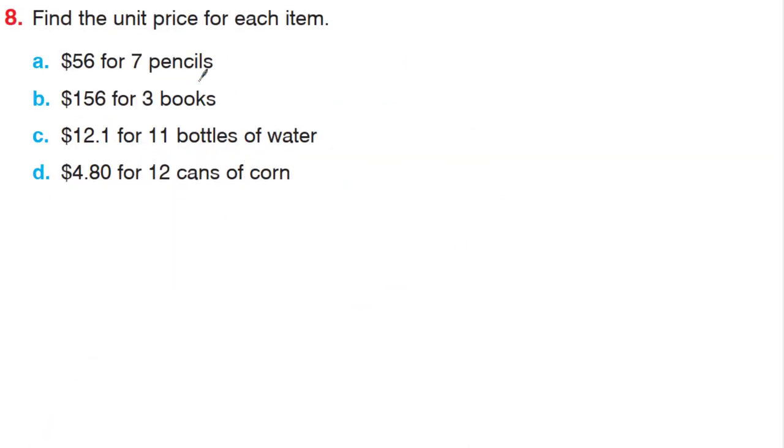All right, next, find the unit price for each item. Well, $56 for 7 pencils. Unit price means how much does one pencil cost. So $56 to 7 pencils, that is $8 per pencil.